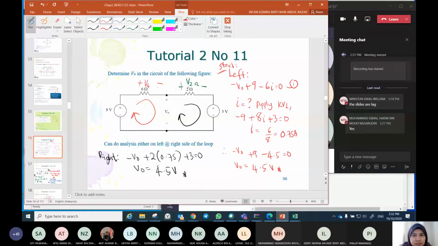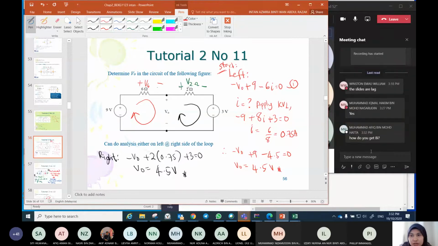In this condition, I found the left side first, and then I found the current. If you start with the right side, you have to find the current as well. So this is the left side, and this is the right one.